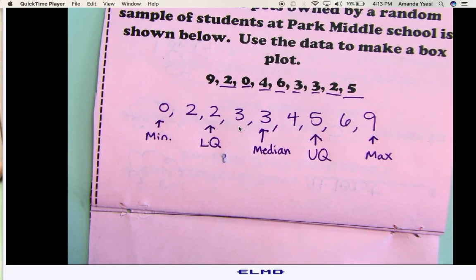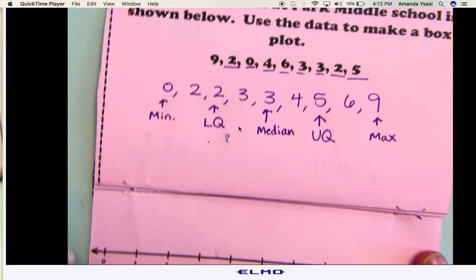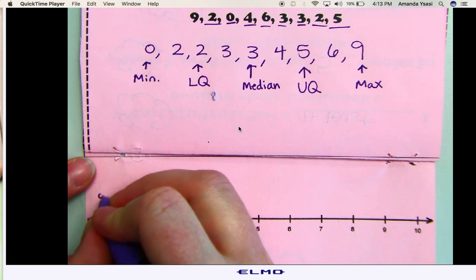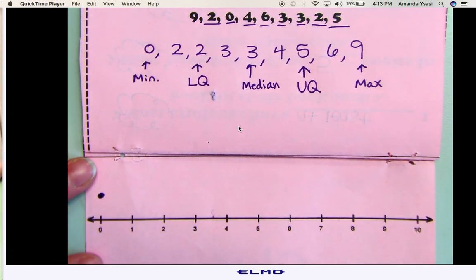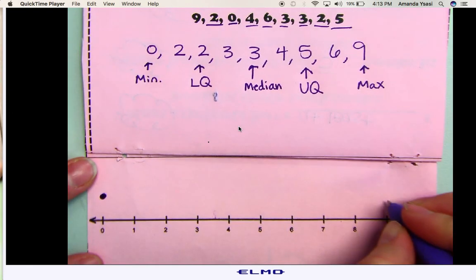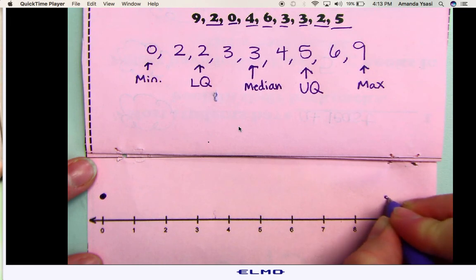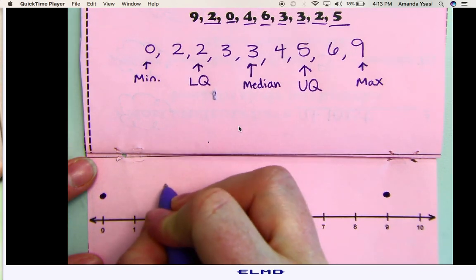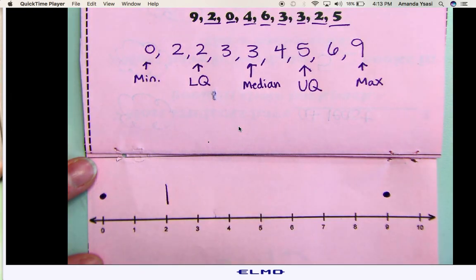So now that we have all of our numbers represented, now we can put it on the number line. So the min is a circle on 0. The max is a circle on the 9. And then we do lines on the lower quartile, median, and upper quartile. So lower quartile, so 1 or a 2.